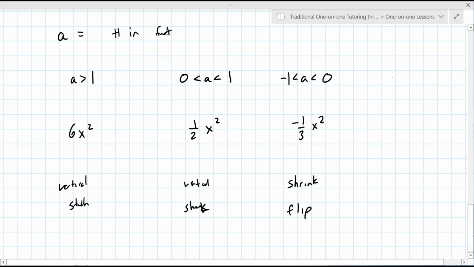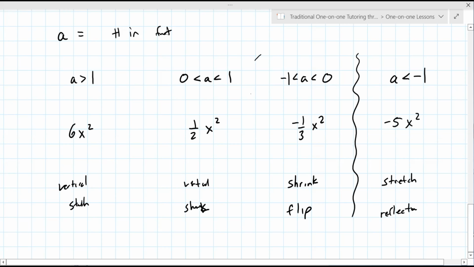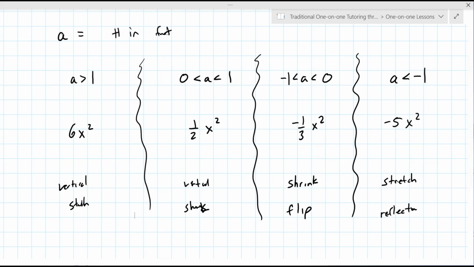And then the other possibility is if A is less than -1, like -5 x squared, it's a stretch and a reflection. So you have to know all of these, among others. This is only part of it, but this is what they're asking you to be able to go between.